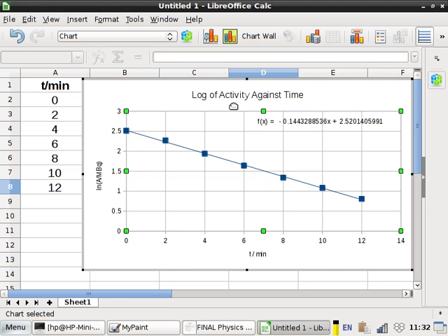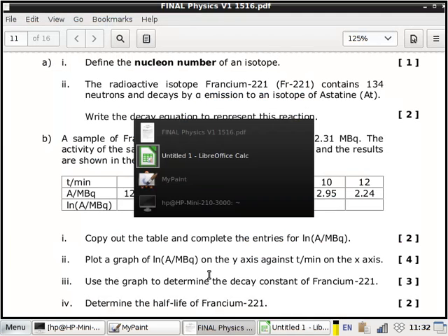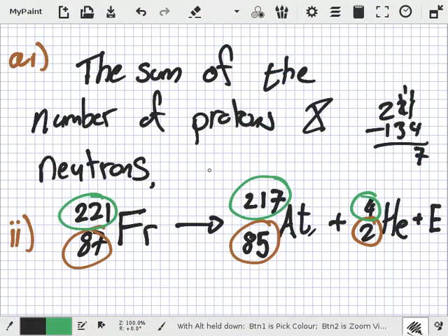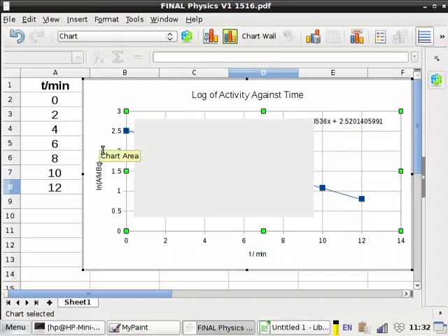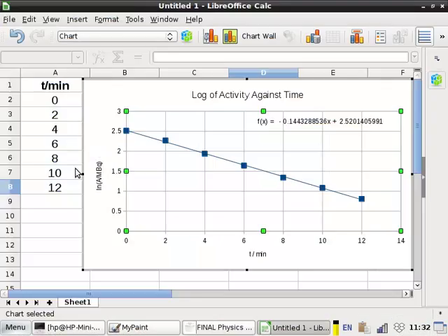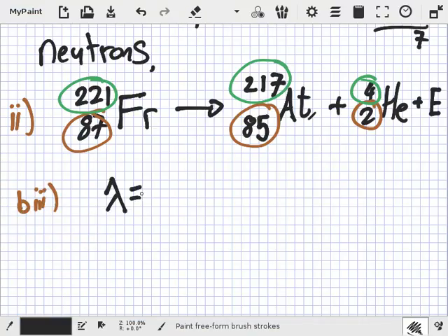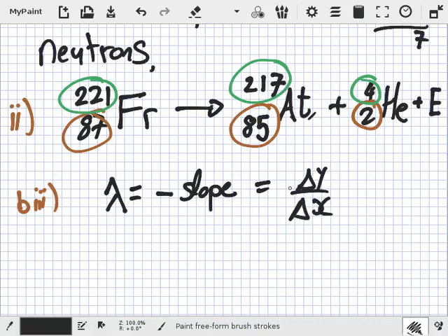Continue? So, how do you get the lambda? What part am I on now? B part 3, isn't it? So the decay constant is equal to minus the slope, the gradient, which is basically the y over the x here, with the minus.